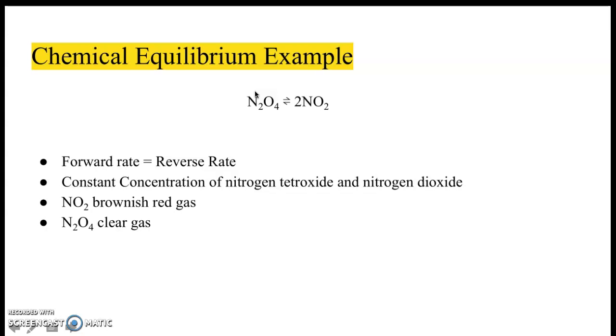It's very evident with this chemical reaction which one is being favored, because when you favor the forward reaction, you're making a brown gas. Your test tube is literally going to be filled with a brownish red color. When you're favoring the reverse reaction, you end up with a clear gas in your test tube. So again, keep this in mind when you go to do the lab.